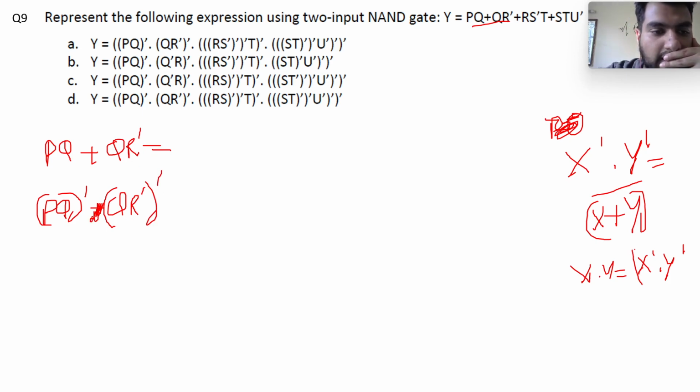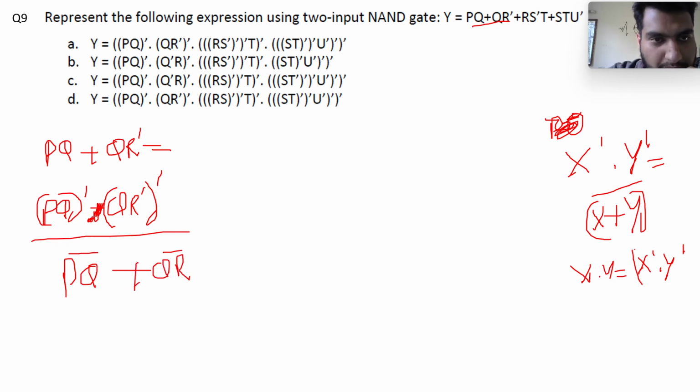So we have PQ complement dot QR complement, which will be equal to PQ plus QR complement, whole complement, and then we have the whole complement.